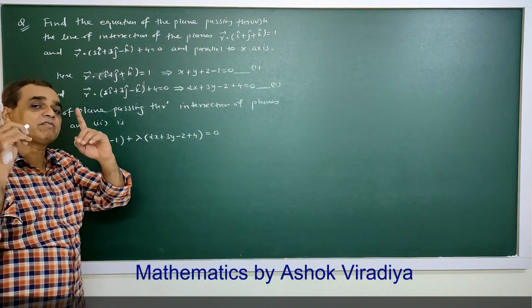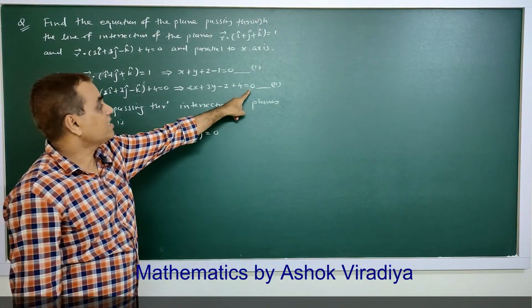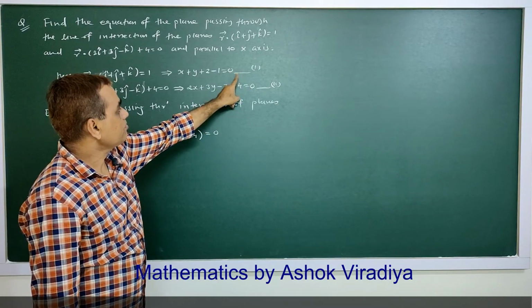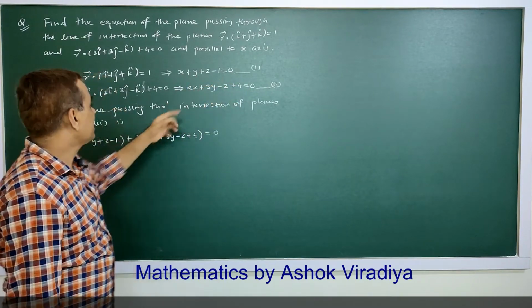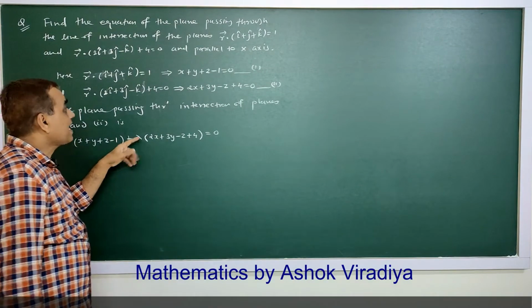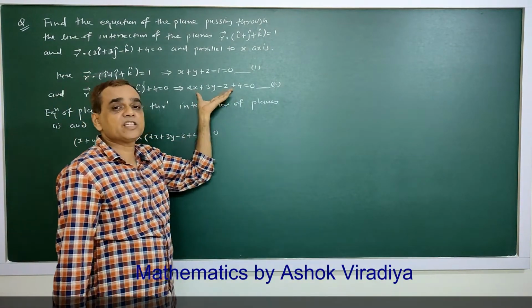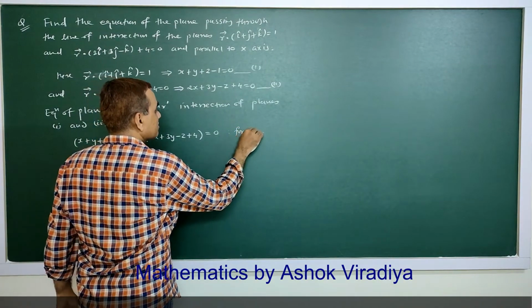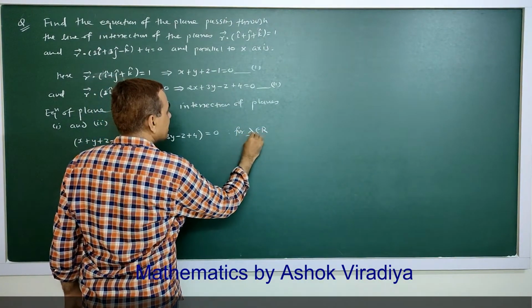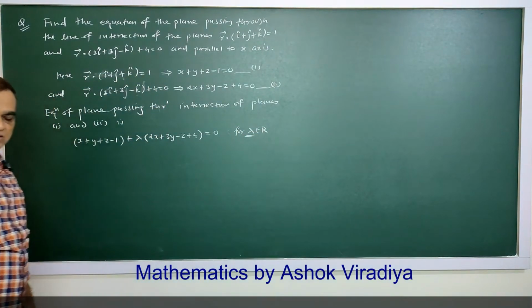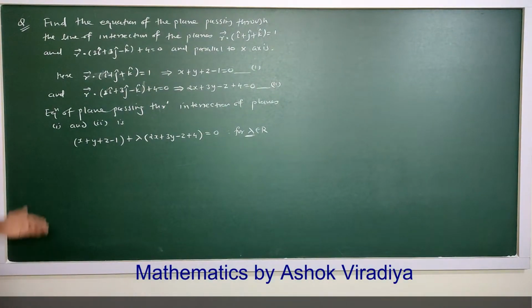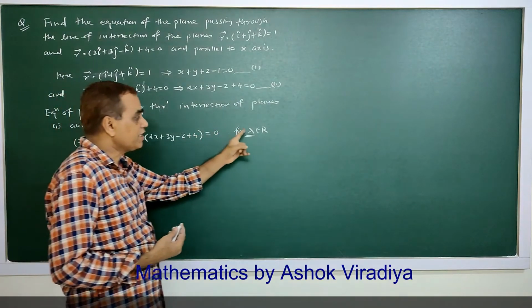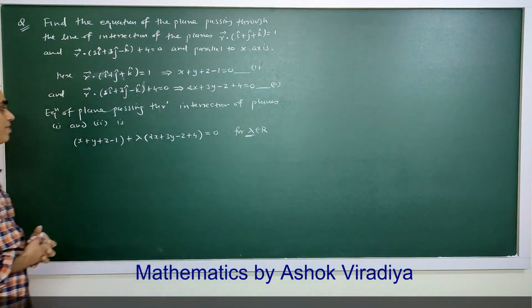You can remember, whenever we use this result, the RHS must be 0. This part we keep in a bracket, then plus lambda with the second LHS, for some lambda belonging to R. For a required plane there exists a particular value of lambda.